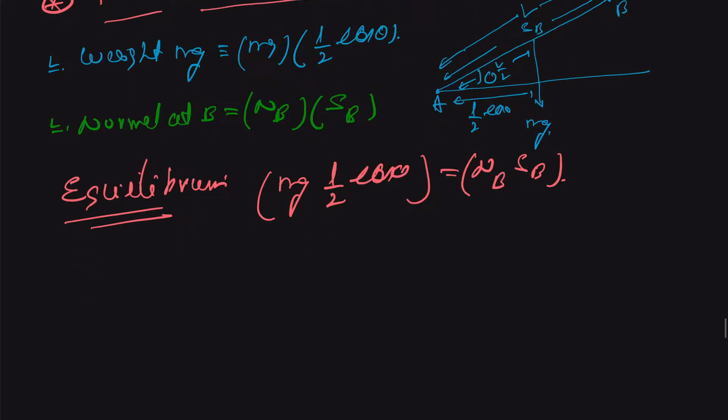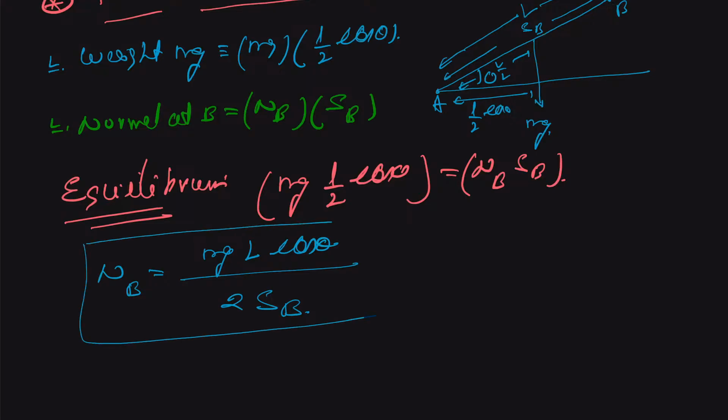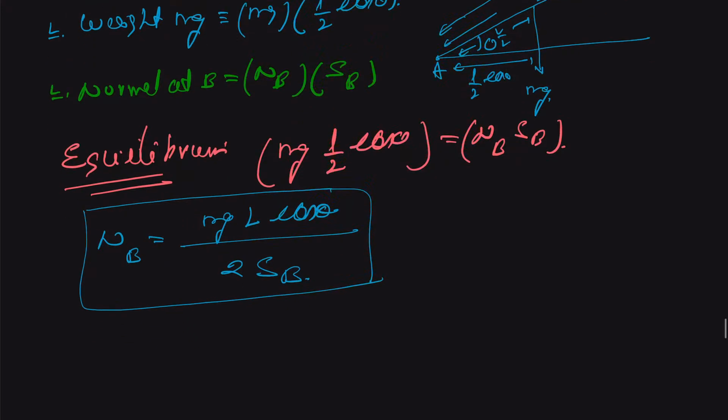Therefore, from here we can write that our normal at B will be equal to mgL cos of theta divided by twice S of B. So this is our normal. Okay. And S of B we already know, so let me substitute it.